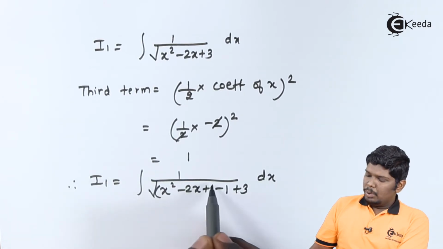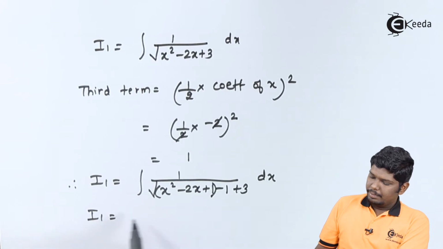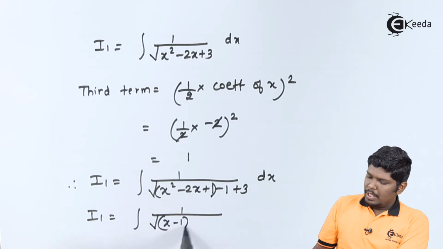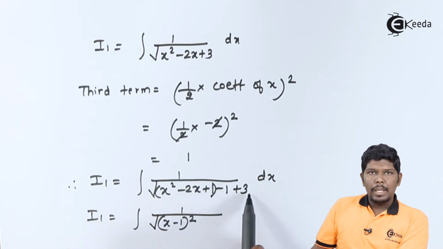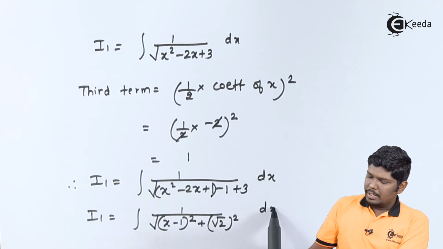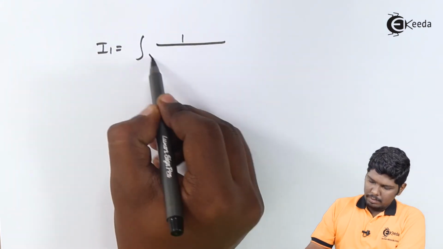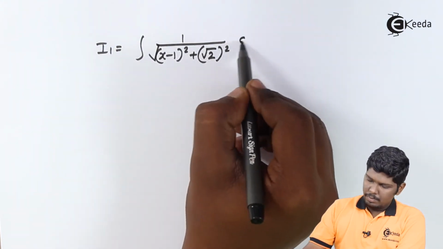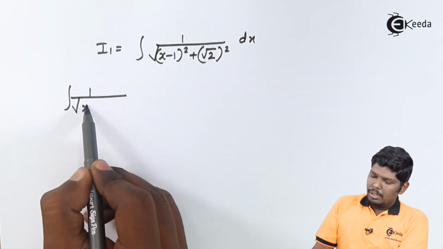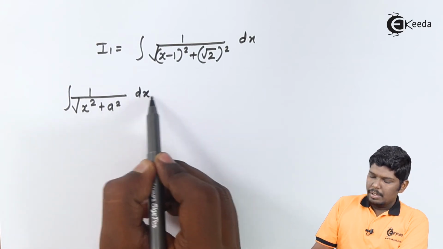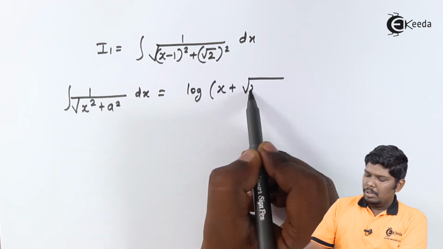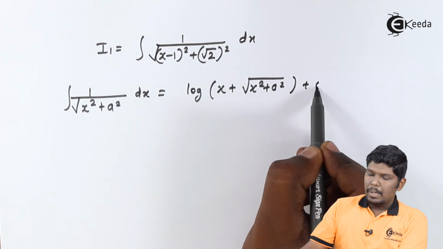We can reduce these terms as 1 upon under root x minus 1 the whole square, and minus 1 plus 3, that is plus 2, can be written as root 2 the whole square dx. Now we can compare this integral with the standard formula integral 1 upon under root x square plus a square dx, which is equal to log of x plus under root x square plus a square plus c.